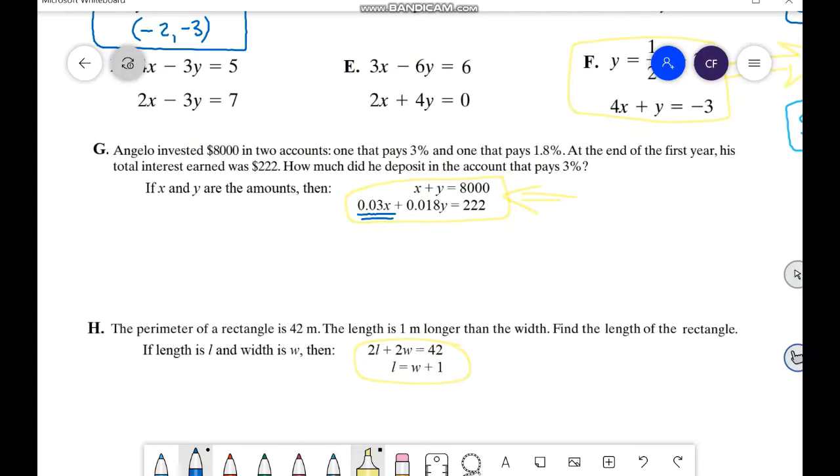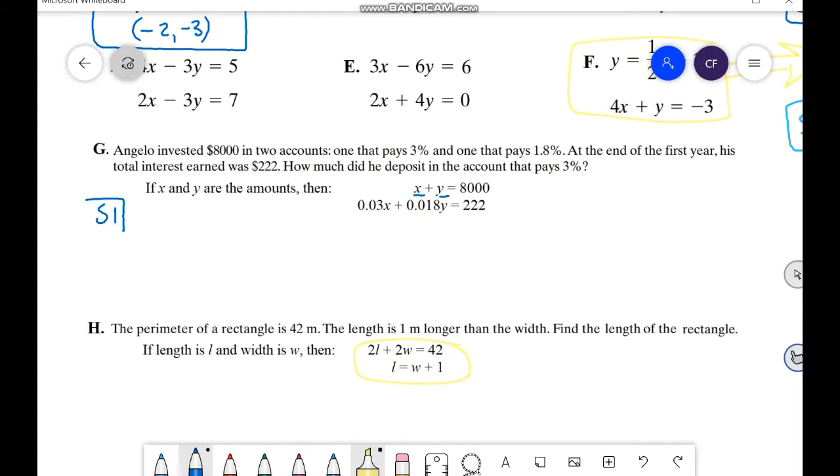This is 3%, this is 1.8%, and 222 is the total interest earned. The total amount, if you add the initial investment on each account, is going to be x plus y, 8,000. So let's find x. The question here is to find x.